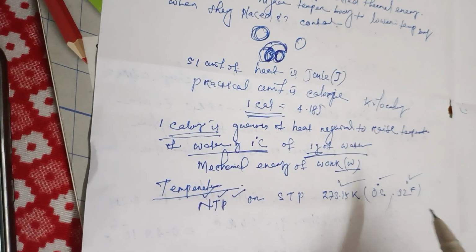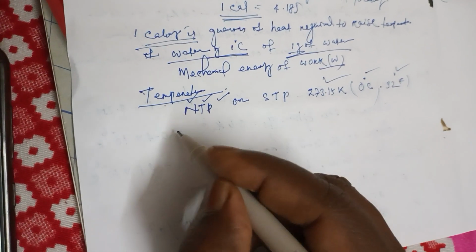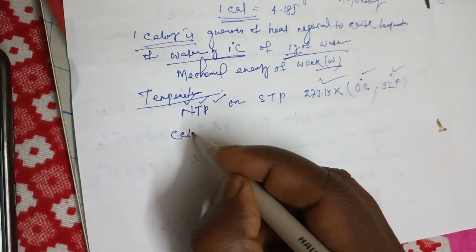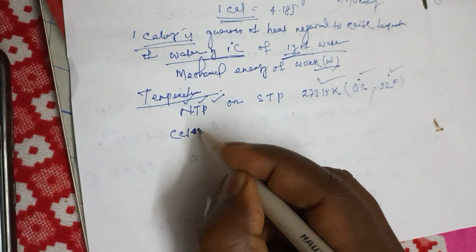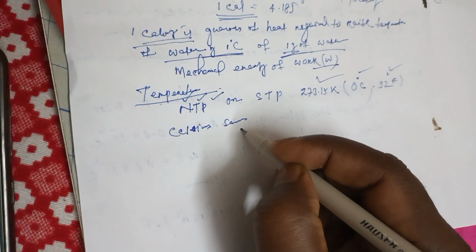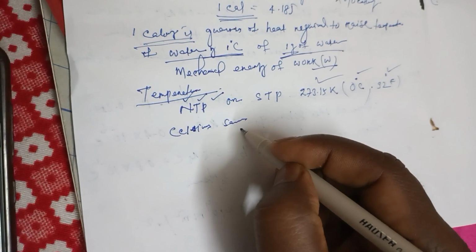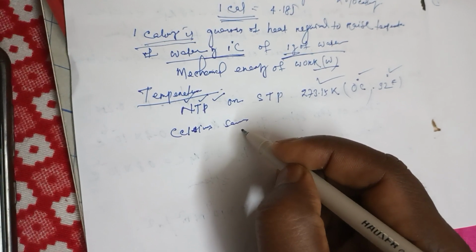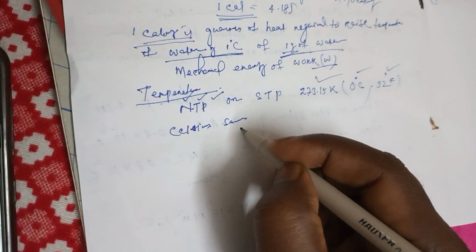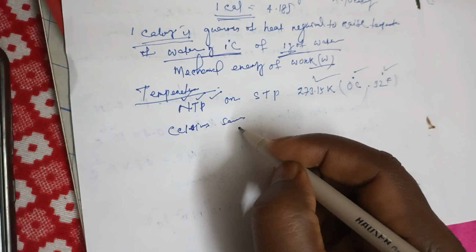Let us talk about the different scales. Celsius scale. In this scale, the melting point of ice is taken as 0 degree centigrade and the boiling point of water is taken as 100 degree, and the space between the two points is divided into 100 equal parts.